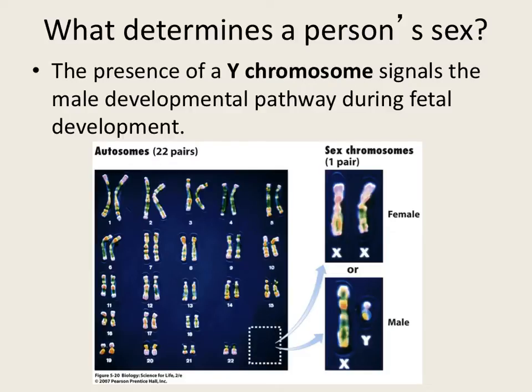Because of this, there's a different expression pattern. There's a whole developmental pathway during fetal development that turns an embryo male. That pathway is actually governed by a locus or a number of loci on the Y chromosome.